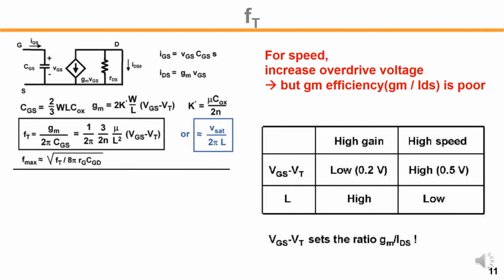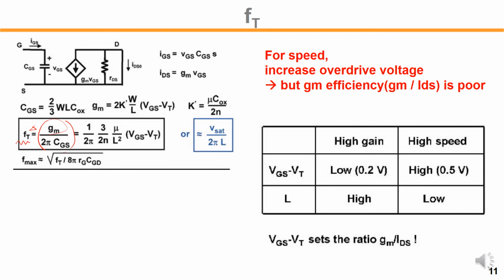As we have shown, the ft is defined by GM over 2 pi CGS, so it is important to have a small CGS and largest GM for largest ft.